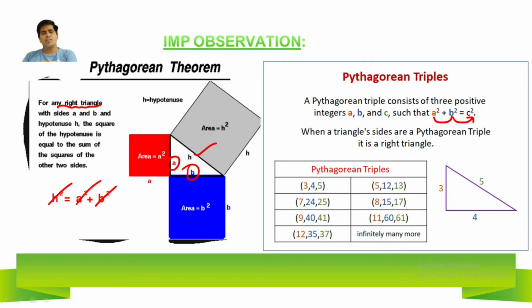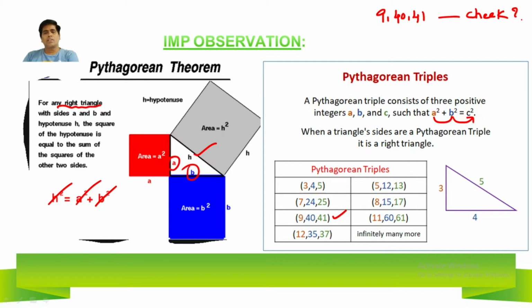I will show whether a given triplet is a Pythagoras triplet or not. I am taking the number 9, 40 and 41. We will check whether this is a Pythagoras triplet or not.